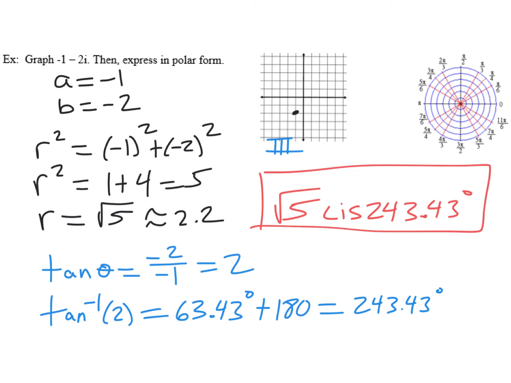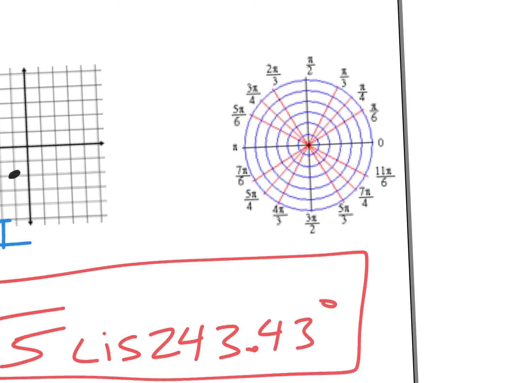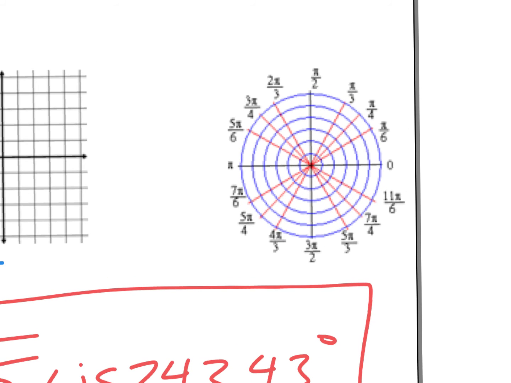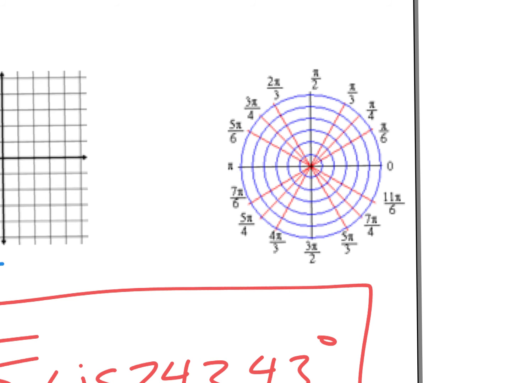So now if I go to my graph, I'm going to zoom in on that. 2.2 is just past 2. There's 90, 180, and I'm going to stop right about there.